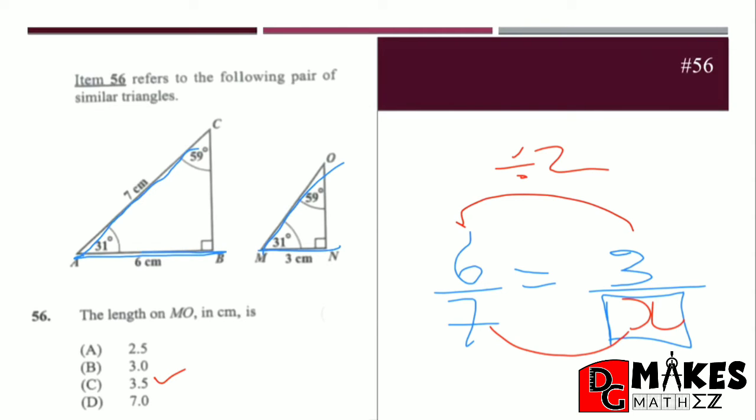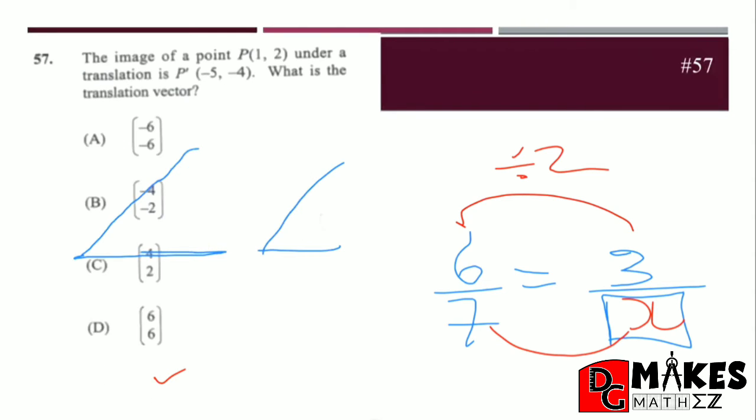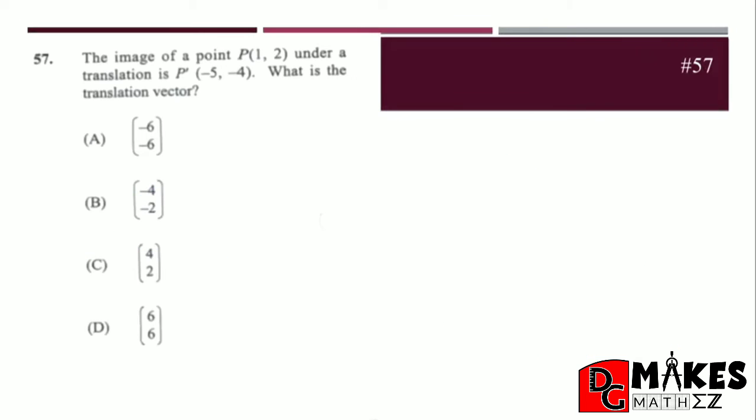And we move to our final question, which is number 57. It says the image of a point P, which has coordinates 1, 2, under a translation is P prime, which is -5, -4. So we have the point P, which is 1, 2.